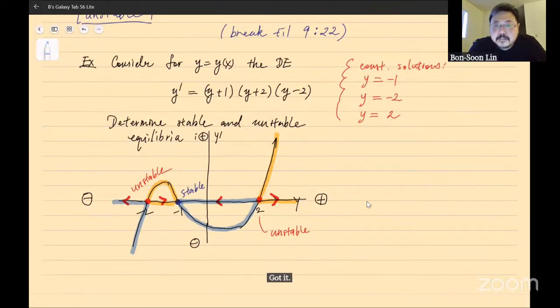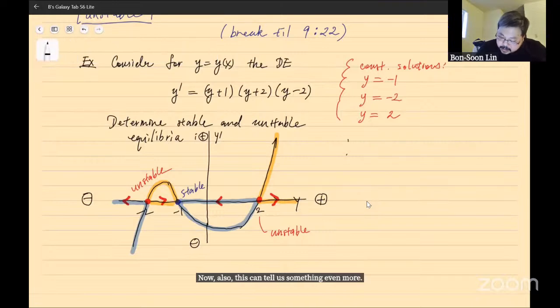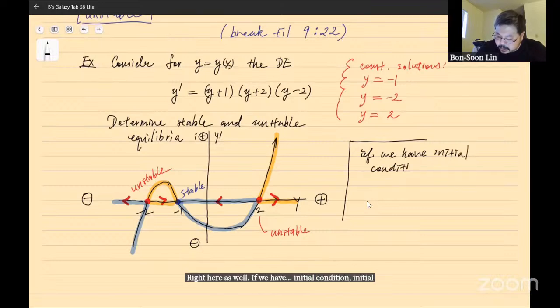Of course. Okay, good. Now also, this can tell us something even more. So let's answer this question right here as well. If we have an initial condition, you can kind of guess what's going to happen.